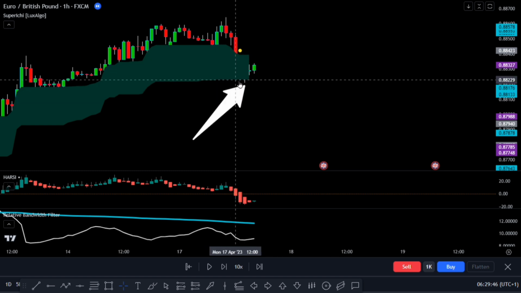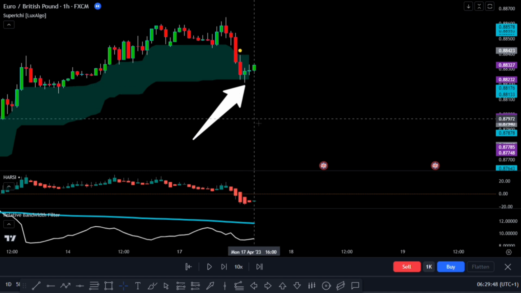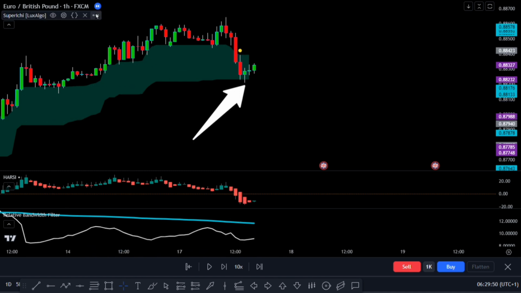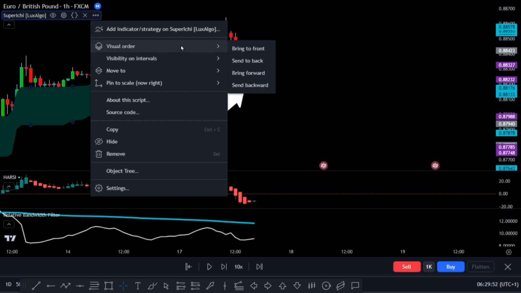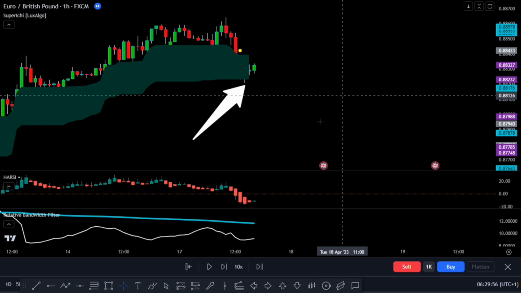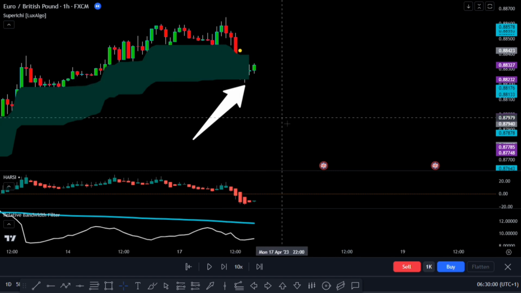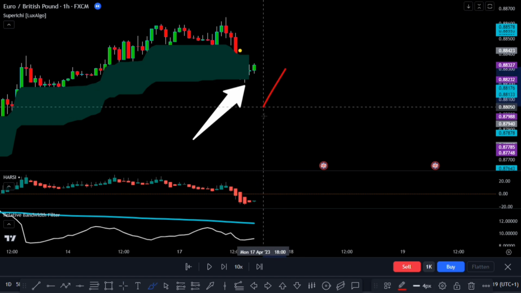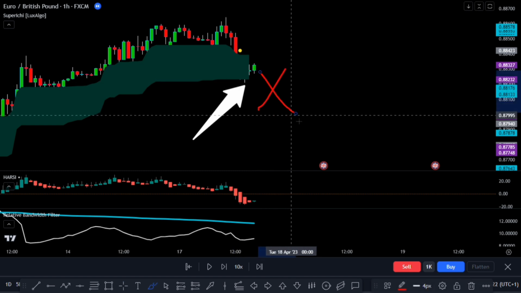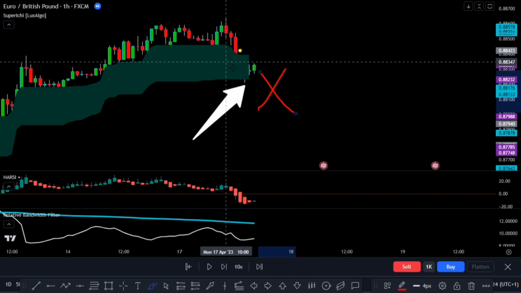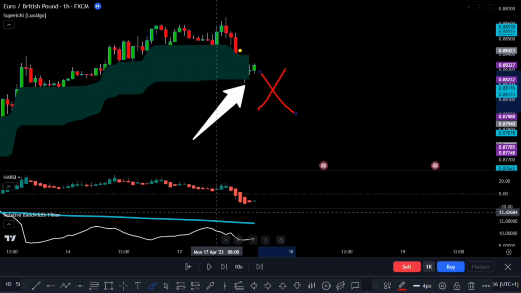The wick crossed below the cloud during that period. To make it easier to spot such situations, you can go to the Indicator menu tab and click on Visual Order, then select Bring to Front. This way, you can easily identify when our conditions become invalid. In this case, we could visibly see the wick below the cloud, which means the conditions were not right for that trade. So we would have to avoid such entries.